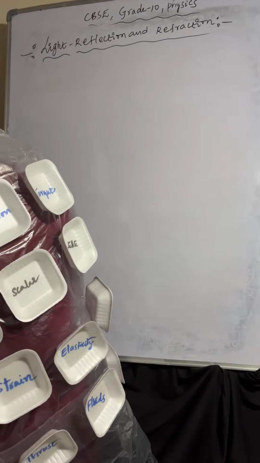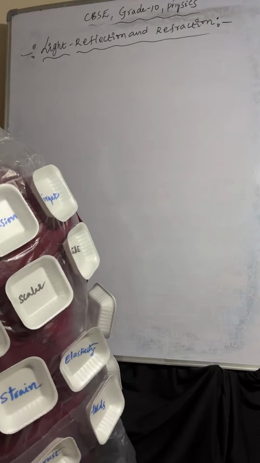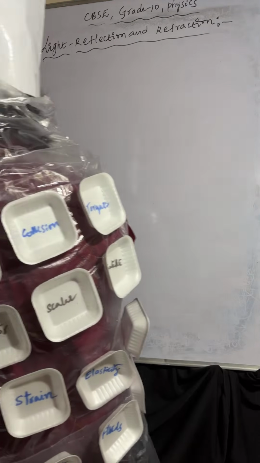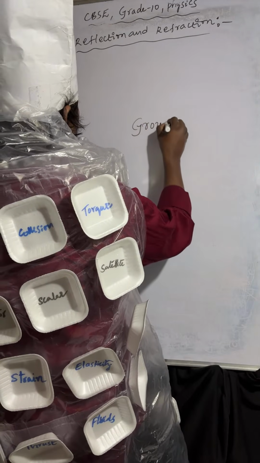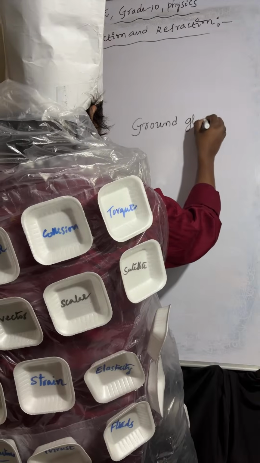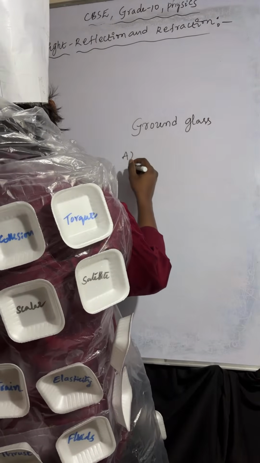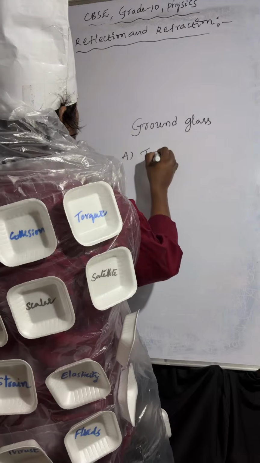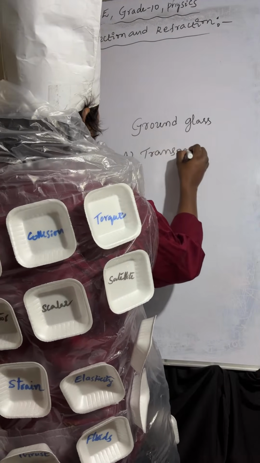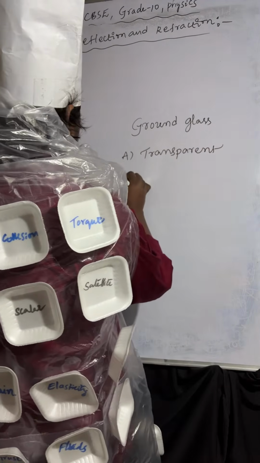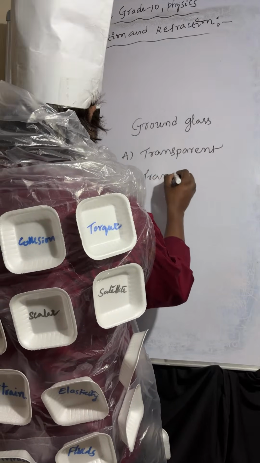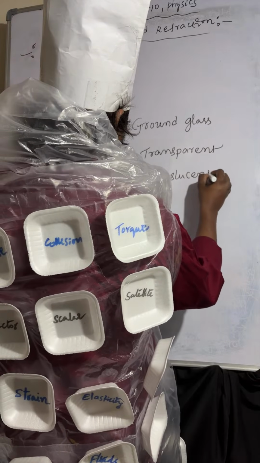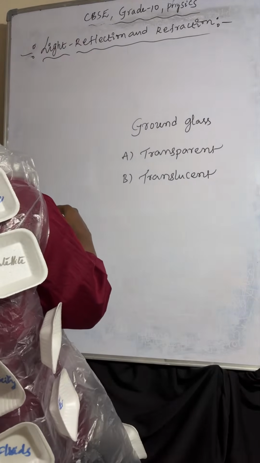Now the question: ground glass is an example of which? Option A is transparent object, option B is translucent object.